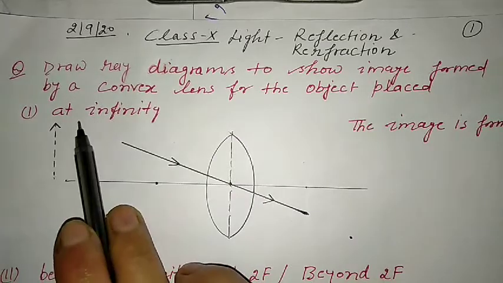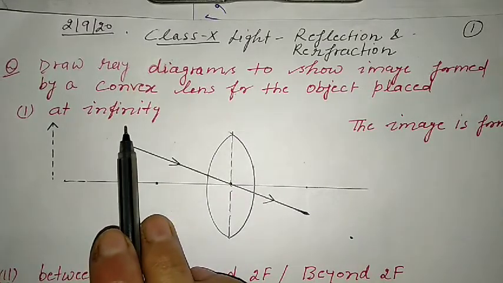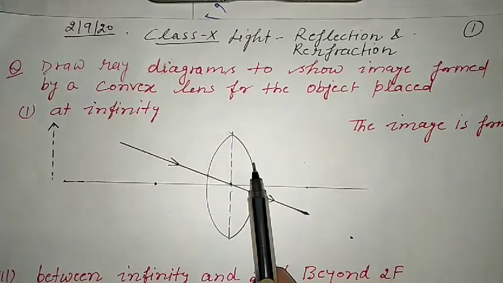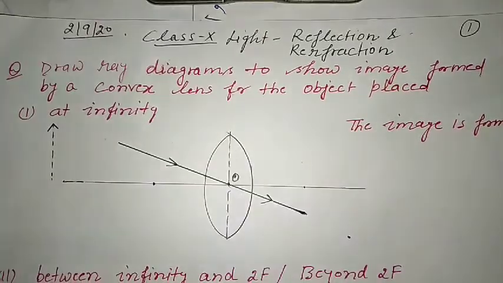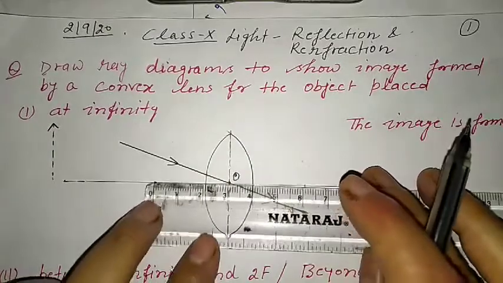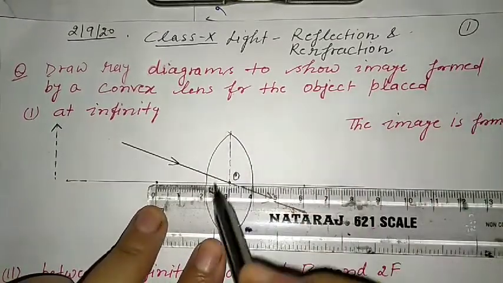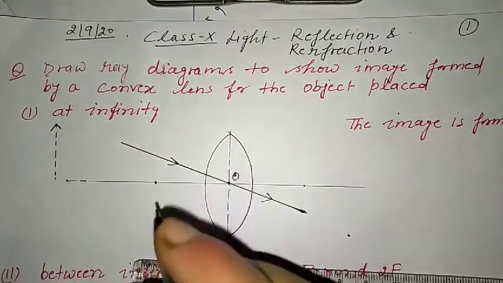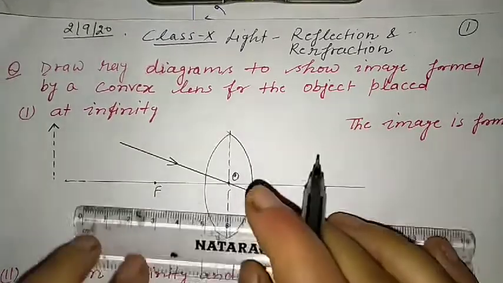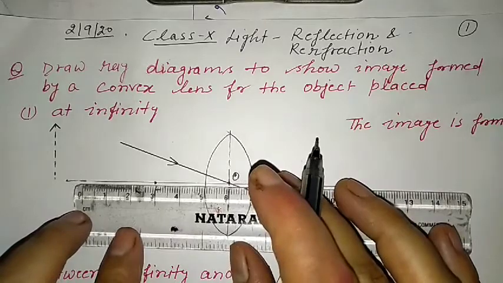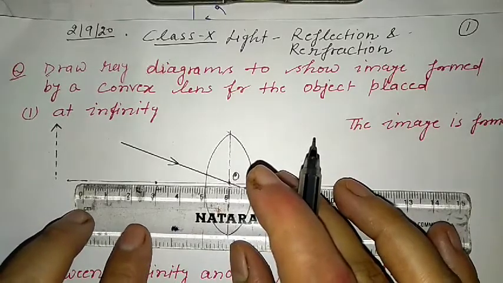First of all, the object is placed at infinity. So this is the convex lens. This one is the optical center. Here, with the scale, at a distance of 3 centimeter, I am taking F. This is F. And at a double distance, just like the center of curvature, it will have 2F.